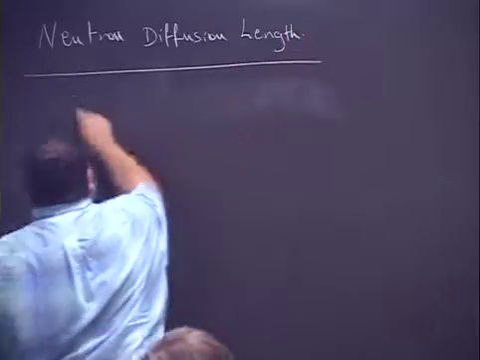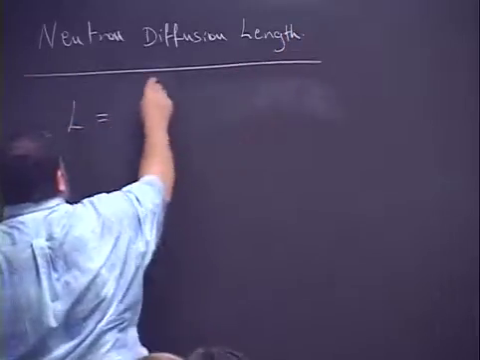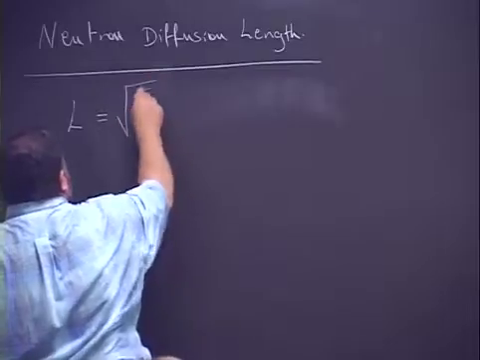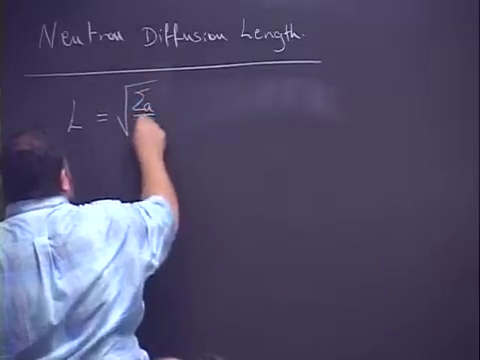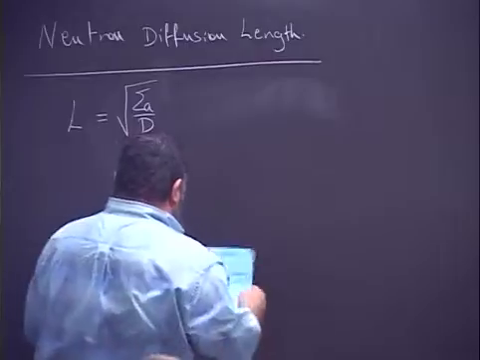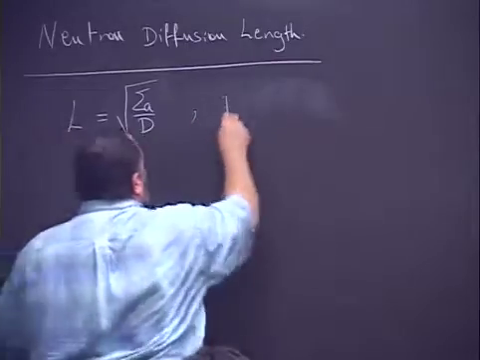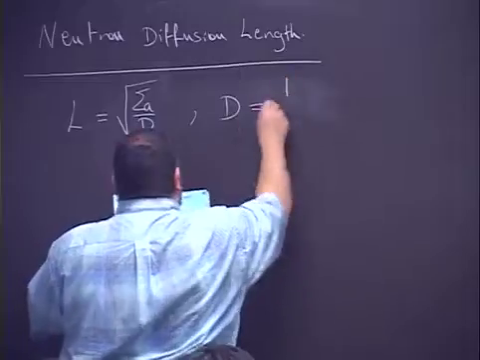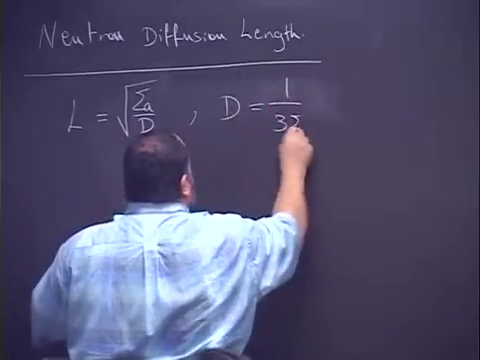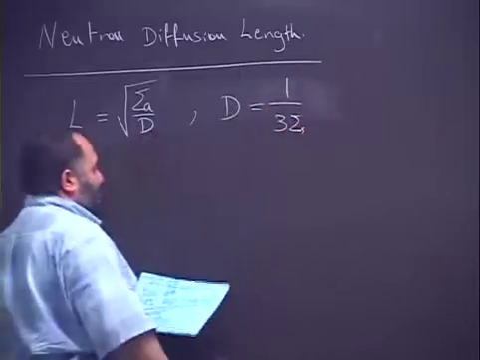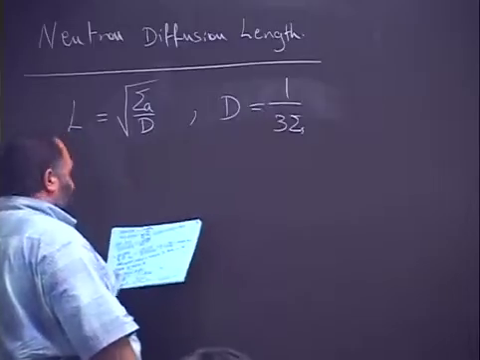We stated before that L is nothing more than the square root of D over sigma absorption, and we knew that D is 1 over 3 sigma scattering, or sigma transport if you want to be more exact.